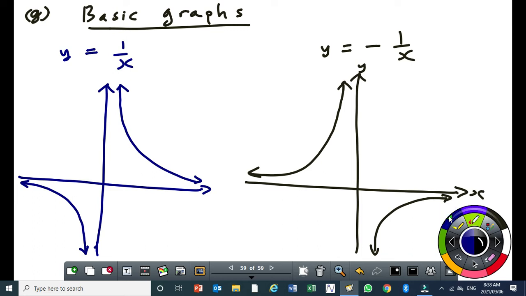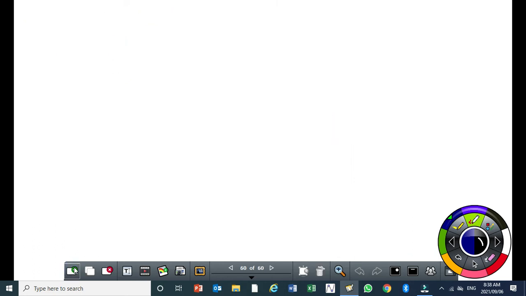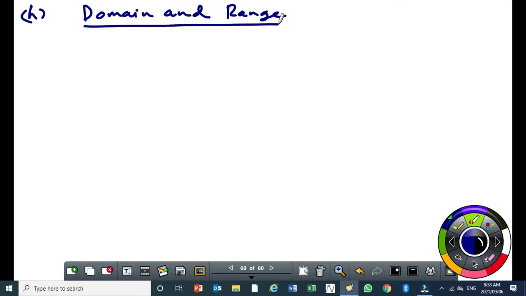Okay, domain and range. Right. This one now, the domain and the range are slightly more complex when you're writing them down. Okay? So, let's start with the domain.